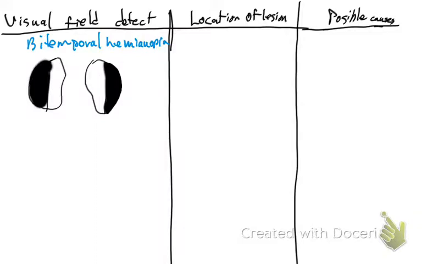There we go. This is how bitemporal hemianopia looks like.